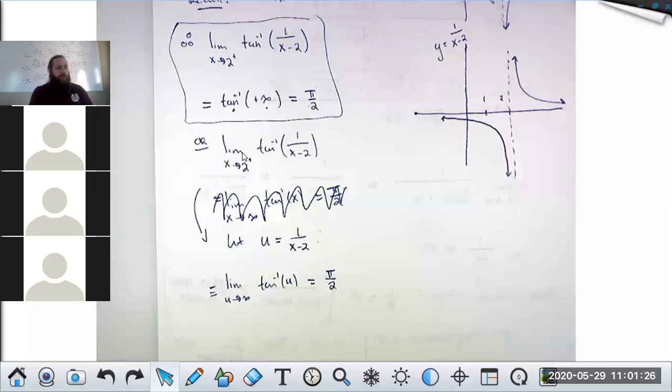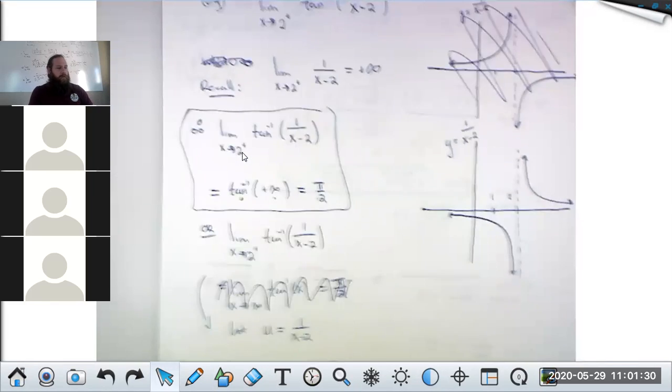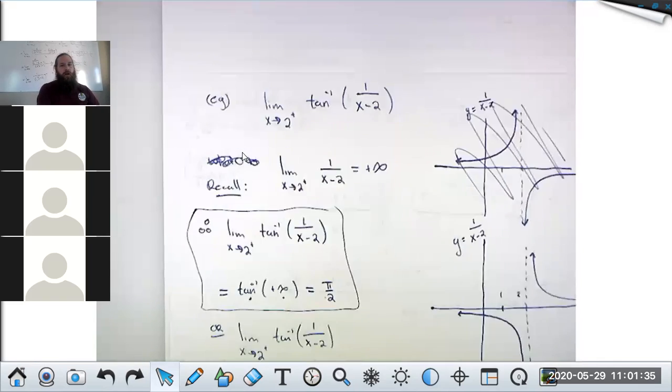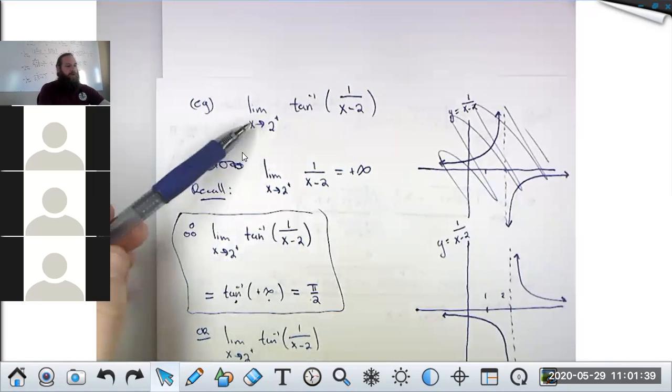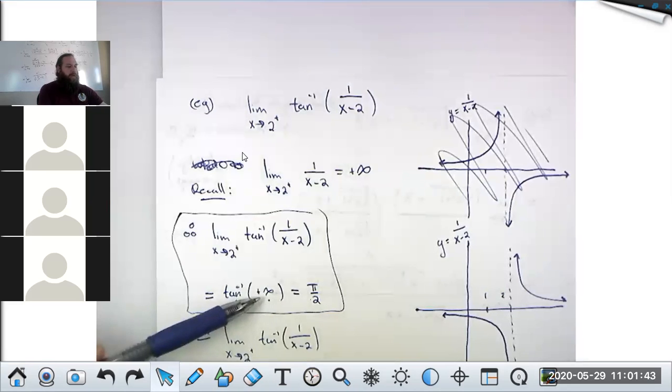There's even a third way of writing this, but I don't want to give you too much alphabet soup. I really do believe, having done this for many years, that getting comfy with the arithmetic of infinities is the way to go. So here you can just think about the limit of the inside. The inside goes to infinity. What's arctan of infinity? Oh, it's pi over 2. That's one of those limits we know.